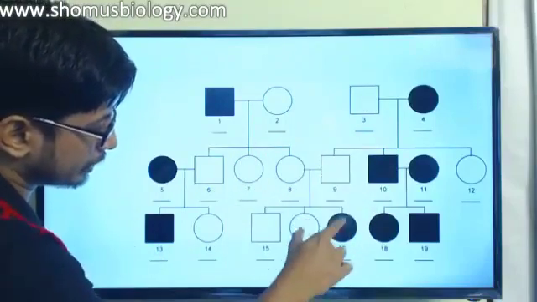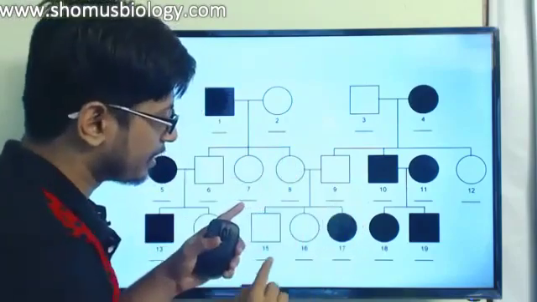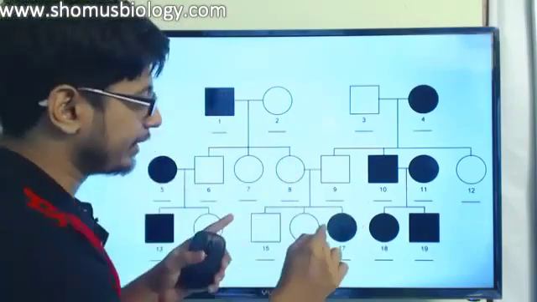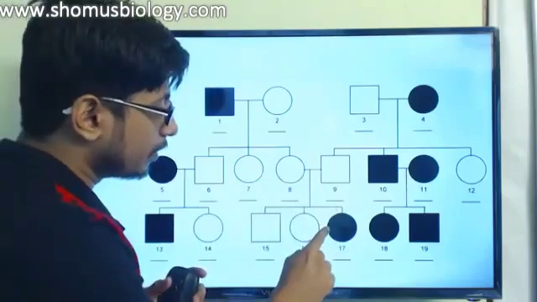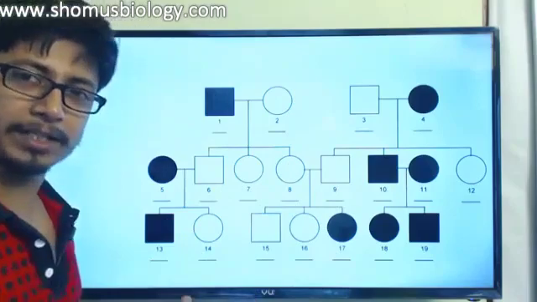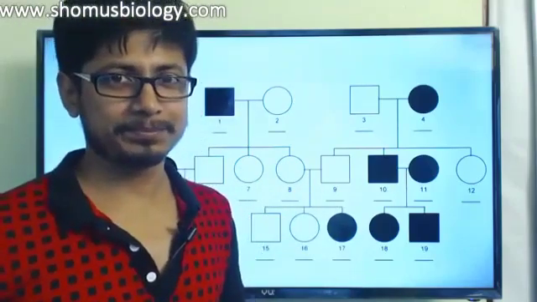If you look at these two generations, you can find that mother and father both are unaffected, but they have one affected daughter. So parents unaffected, child affected. The only way it's possible is if it's an autosomal recessive trait.